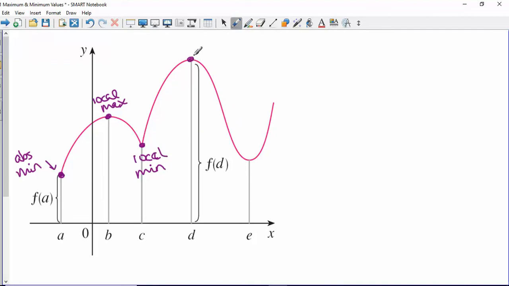This one is absolute because it's highest on the graph. Is it also higher than the points on both sides? So this is technically both. It is a local and an absolute max. This would be a local minimum.